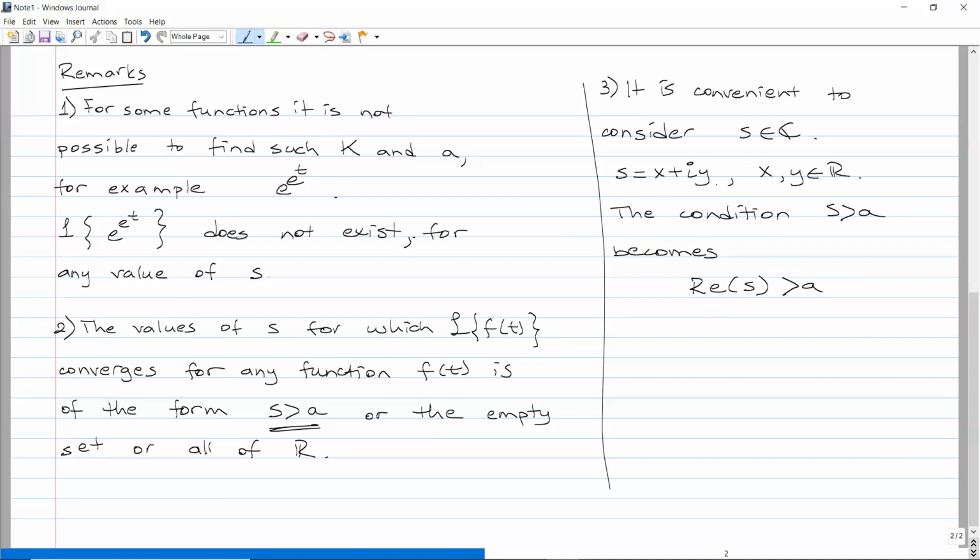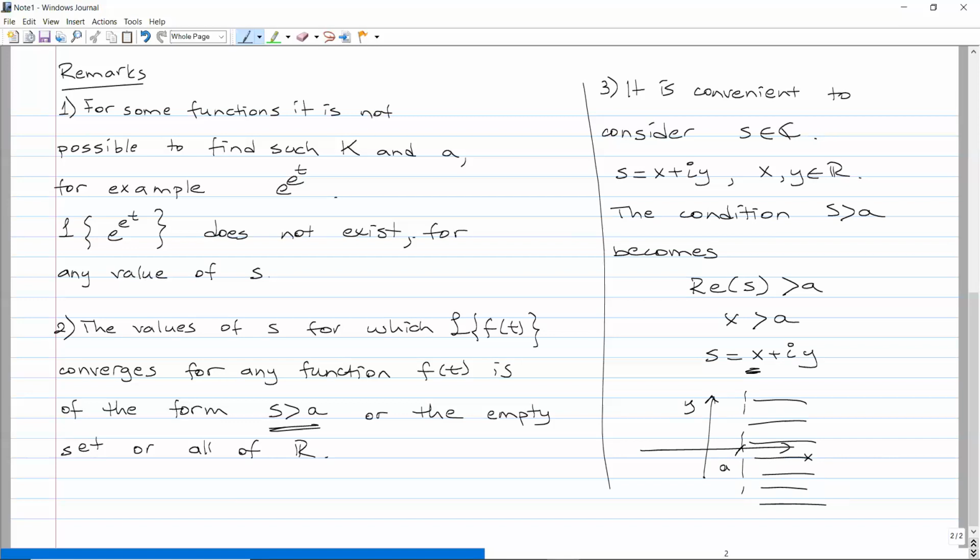So if s is x plus iy, the real part is the number x. So we consider complex numbers. If you consider complex numbers as the xy plane, we take x equals a, let's say. So we take this region. When x is greater than a, we consider complex numbers in this region.